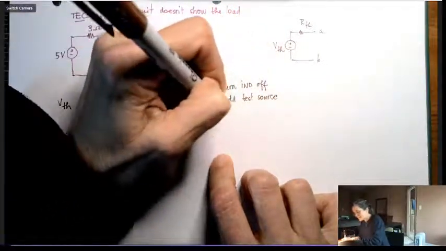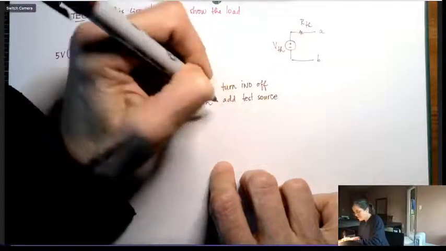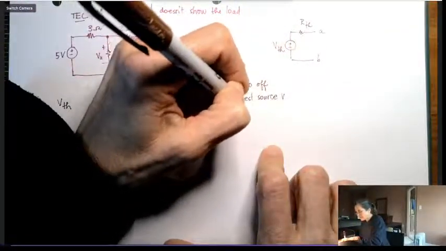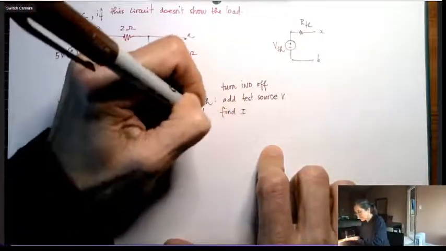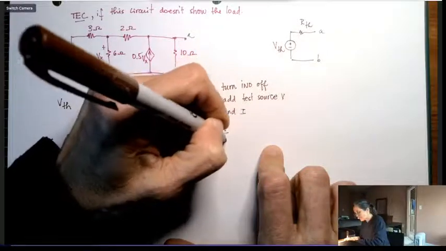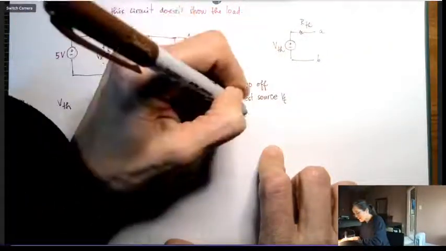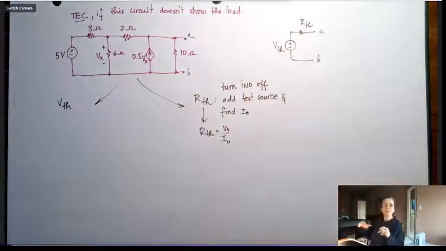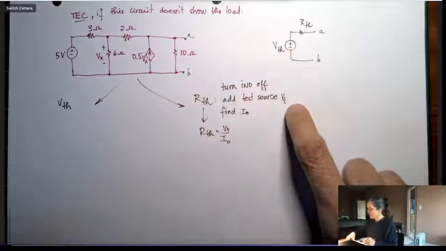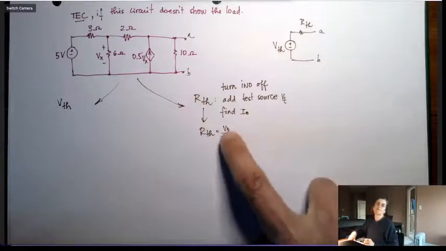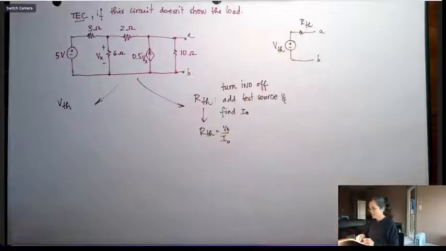And then by the end, if the test source is voltage, find the current. And then the Thevenin resistance will be voltage divided by current. But it's going to be this VT and this IO, for example, VT divided by IO. If you add a test current and find the voltage as an output, then it's going to be VO over IT.